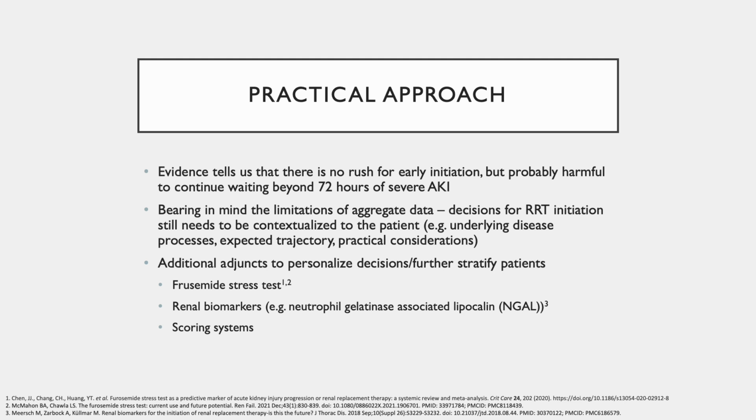And some adjuncts that have been described in the literature to help to stratify perhaps borderline patients would include the furosemide stress test, where an IV furosemide dose of 1 to 1.5 milligrams per kg is administered, and the urine output of more than 200 mLs within 2 hours is suggestive of some degree of intact renal function.